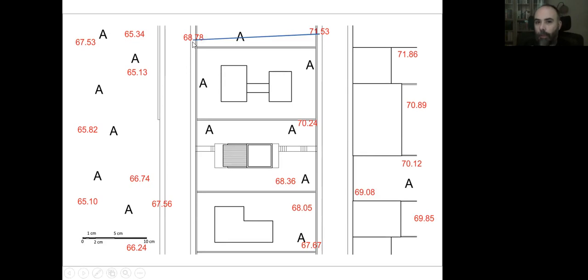And we know that since this dot is 68 meters, 78 centimeters, and this dot is 71 meters, 53 centimeters, there needs to be a 69 meter 00 point somewhere here, and a 70 meter 00 point somewhere here, and there should be a 71 00 point somewhere here.